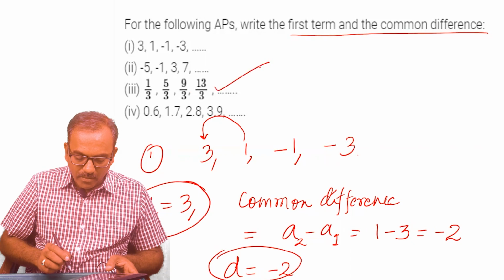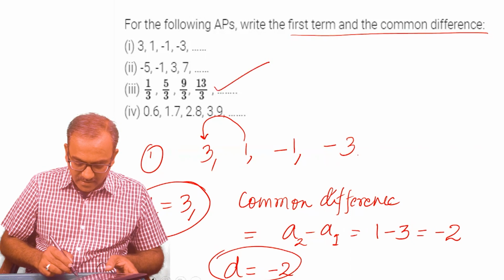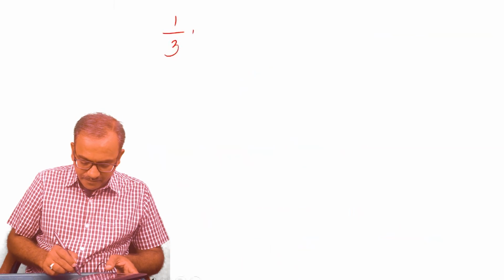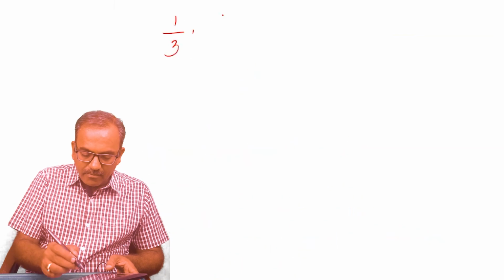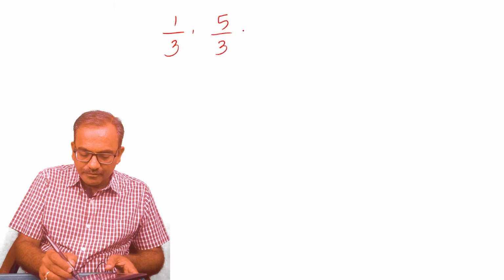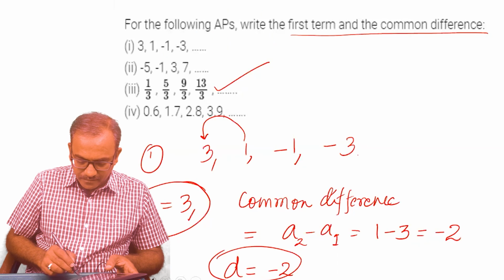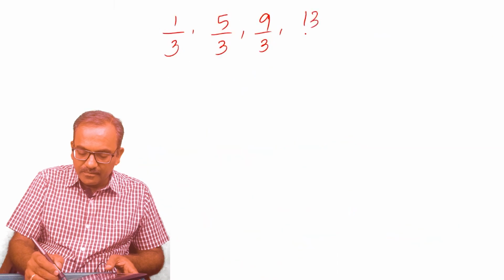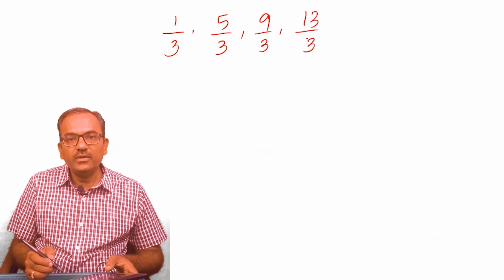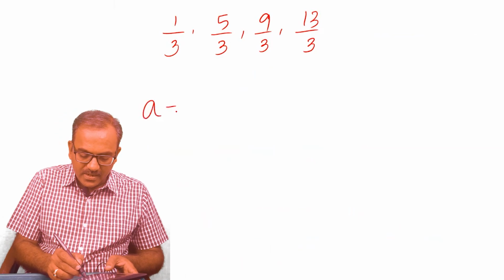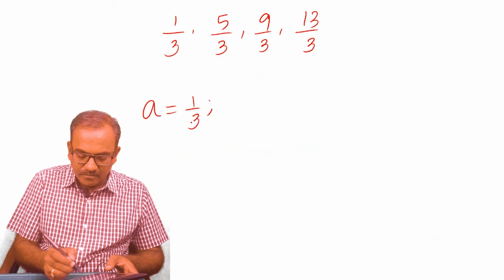I will take up 1 by 3, 5 by 3, 9 by 3, 13 by 3. The very first term itself is A. A is 1 by 3.